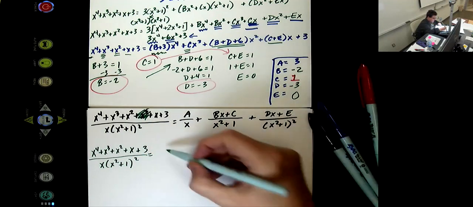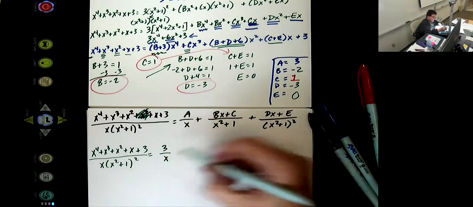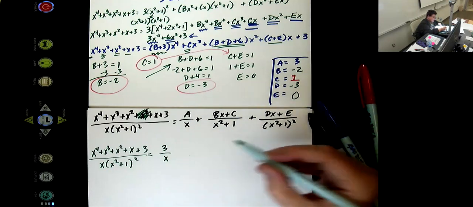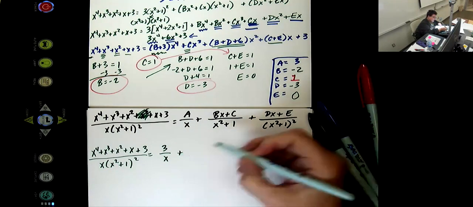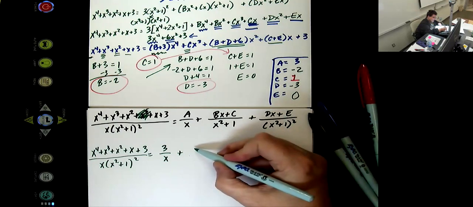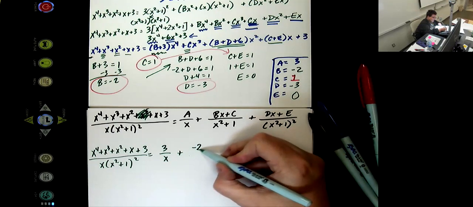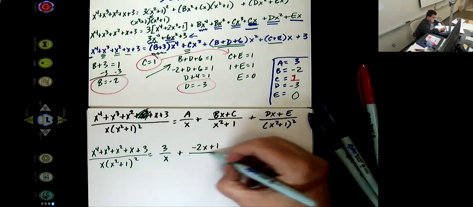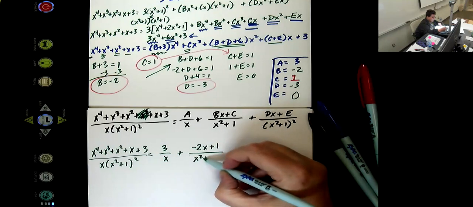A was 3, so this will be 3 over x plus, I've got -2x plus 1 over x squared plus 1.